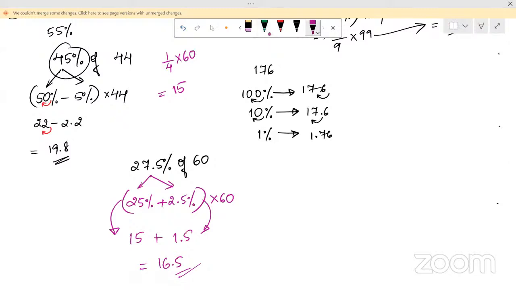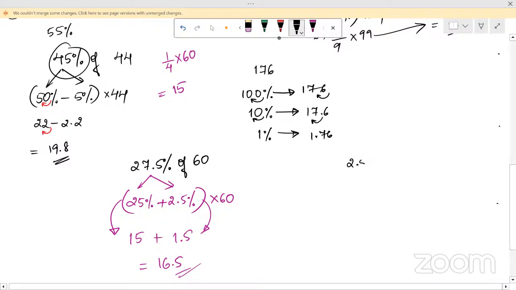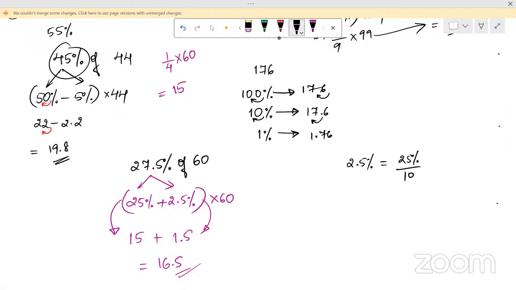See here, 25% and 2.5%, how different are they? May I write 2.5% as 25% divided by 10? Yes or no? Yes, sir.